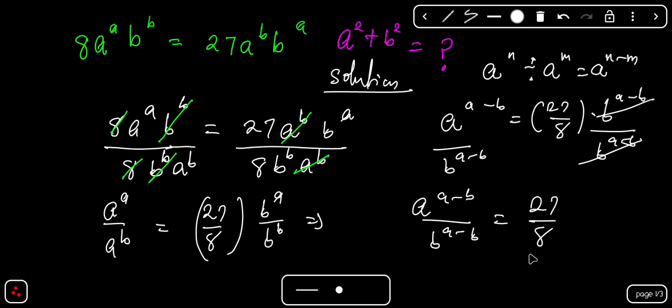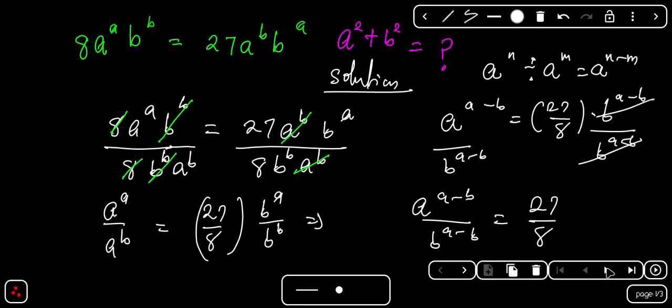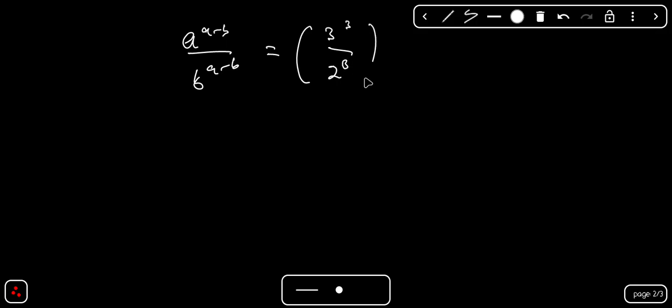Now remember that 27 is 3^3 and 8 is 2^3. Now moving to the next page. So we are going to have a^(a-b) over b^(a-b), which is equal to 3^3 over 2^3.